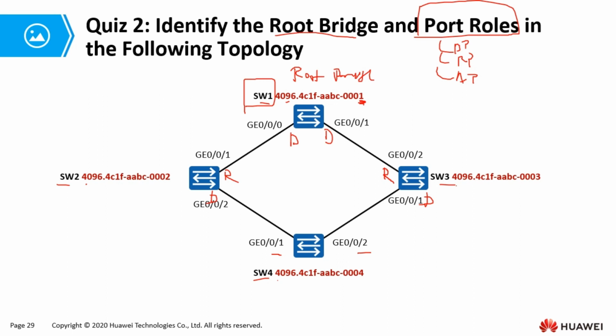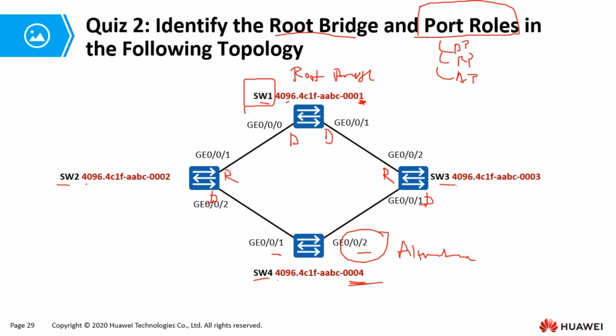So which one will become the alternate port? If our bridge ID is the same, we will look at the port ID. So G002 and G001, of course, the larger is G002. So the G002 here will become the alternate port. Okay? So this is how we determine it.